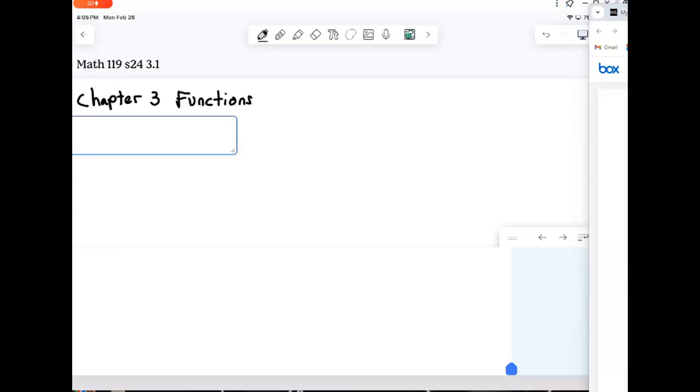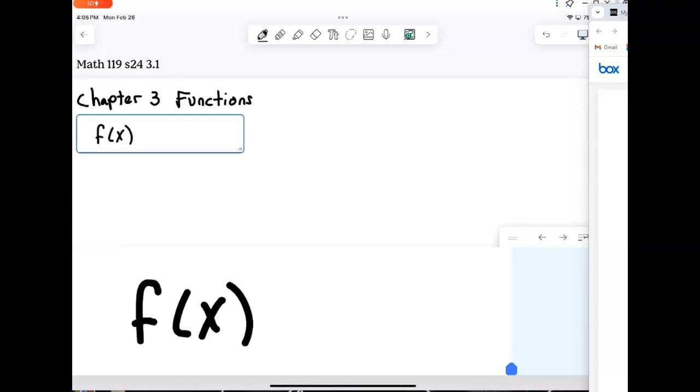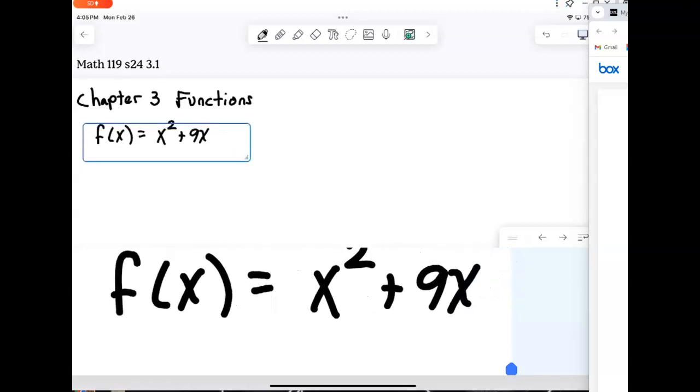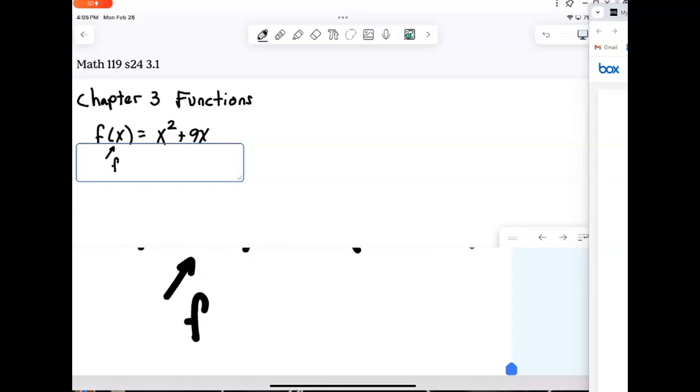Okay, so as we get into chapter 3 now, where we're going to be talking about functions, first thing to remember when writing an equation, when we use this f parentheses x and an equal something, right? This f parentheses x stuff, remember, that's called function notation.